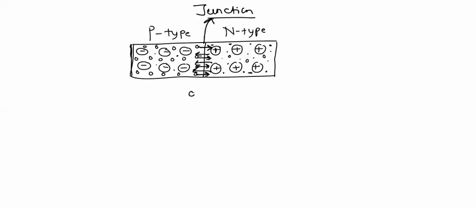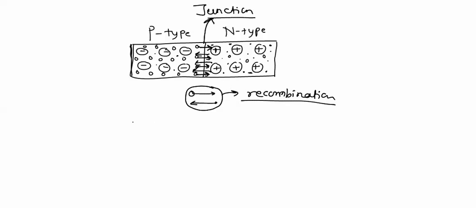If holes are moving in this direction, electrons are moving in this direction, and at the junction there is a chance of recombination between these charge carriers.